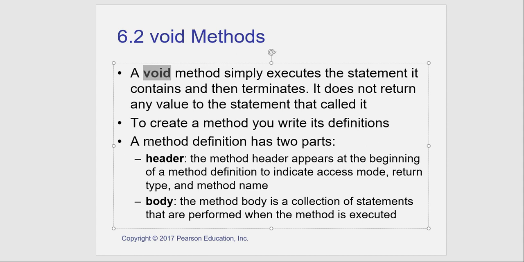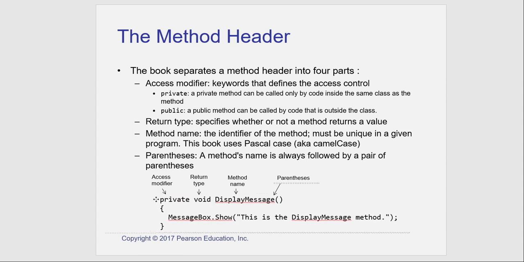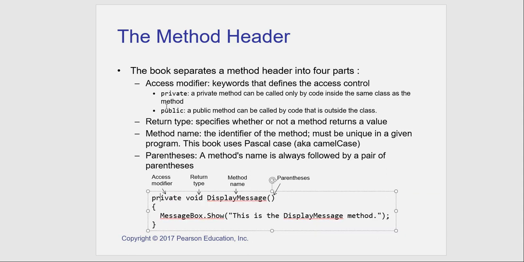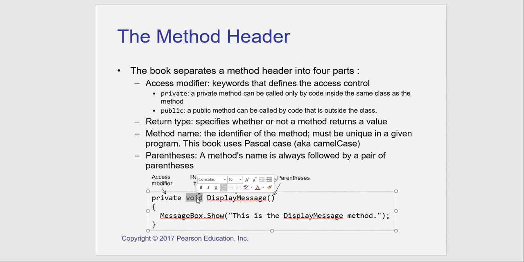Now, the method definition is broken into two parts: the header, which is the top of the method, and the body, which holds the statements. Looking at the method header here, it says private, which is called the access modifier, how you're going to access it. It's privately accessed. Then we've got void, which is the return type, meaning we're not going to have any return.